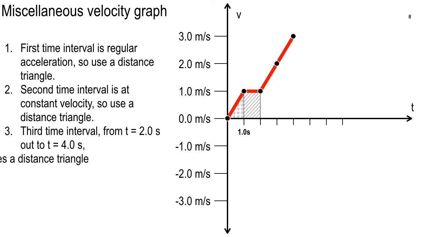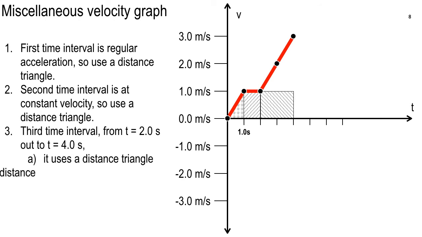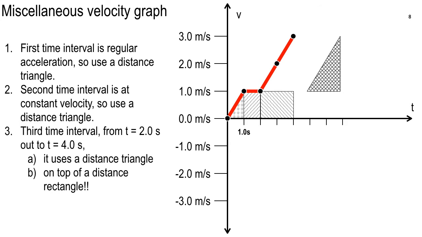Now the third time interval from t equals 2 to t equals 4 seconds, you have a distance triangle and you have a distance rectangle, and they're right on top of each other. All right, it's a distance trapezoid if you want to think of it that way, but it's made up of a regular right triangle and a regular rectangle.